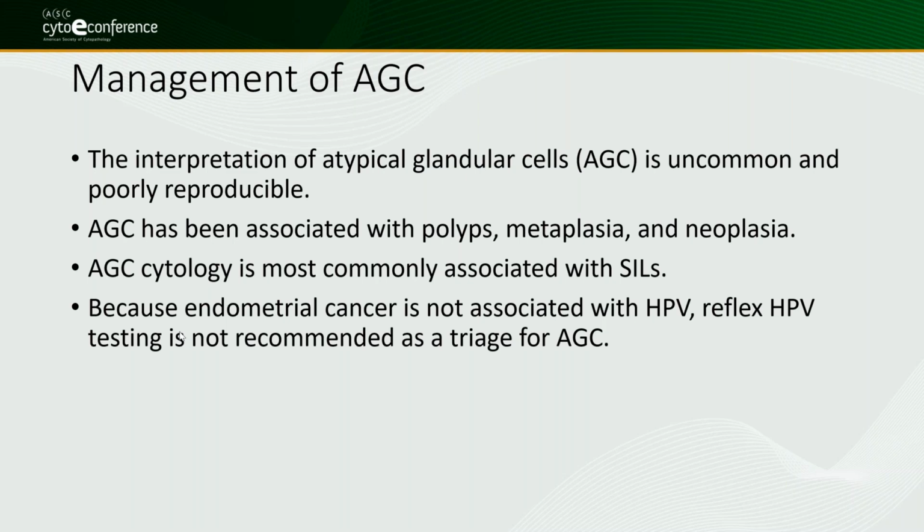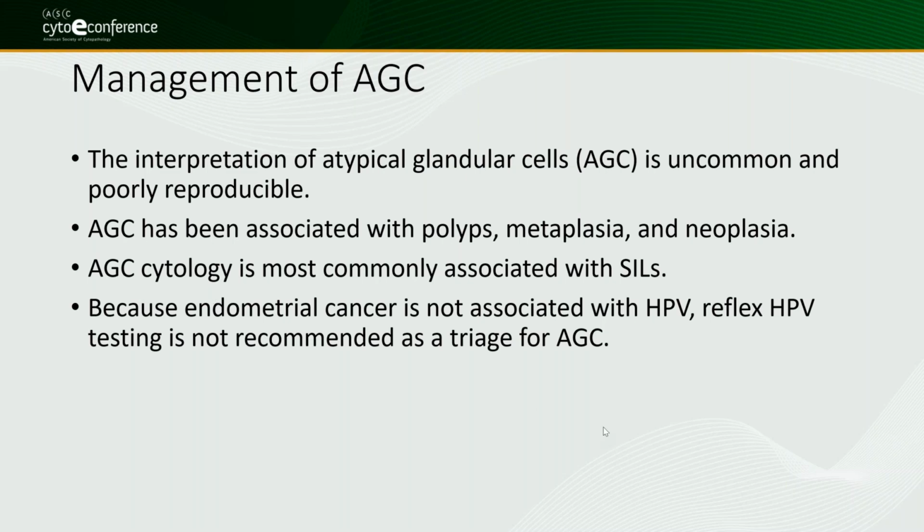That way we can be more reproducible. And like I talked about, atypical endocervical cells are associated with benign conditions, polyps, metaplasia, neoplasia, and a lot of times are associated with squamous intraepithelial lesions.